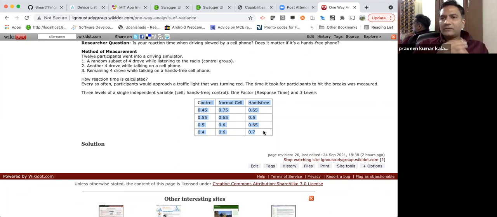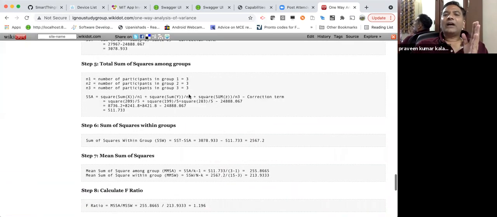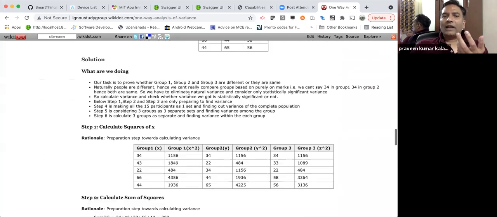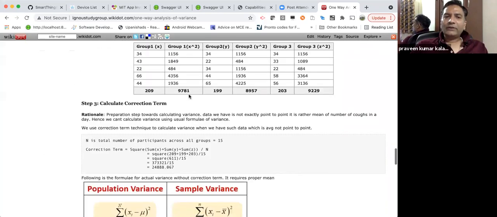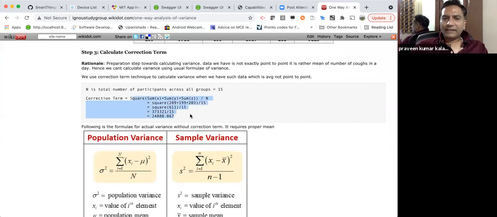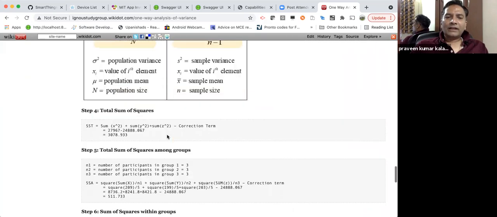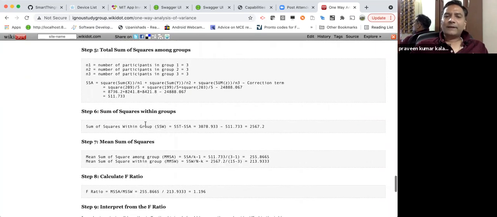Okay, so this is all about ANOVA. And what really gets into solving ANOVA is your ability to remember some of these nitty-gritties, like the correction term. See, this is pretty simple. When you are going within the group, you can easily remember that within the group is always calculated as sum of totals minus among the groups.